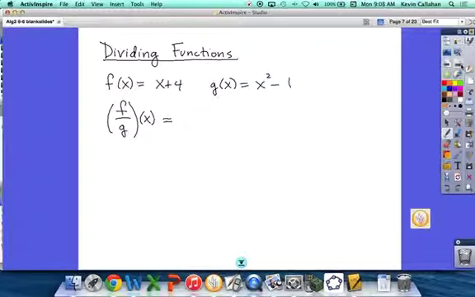And so we already got on the first slide, it told us if you do the f over g in parentheses, you're going to rewrite that as f of x divided by g of x, right? Which is x plus 4 divided by x squared minus 1. Most of the time, when you do this with the divide, there's not a lot of simplifying you can do.